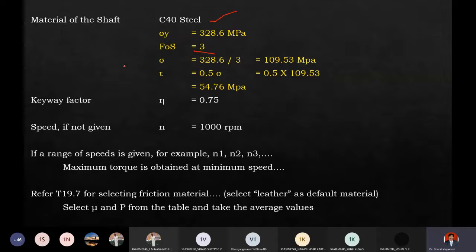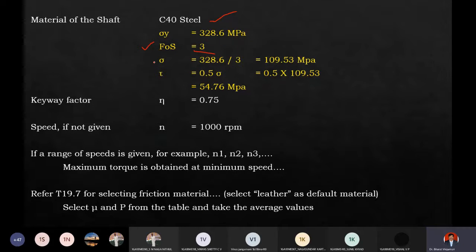I am following Shigley's design procedures and the design of machine elements by MF Spotts, the two books I will follow. The factor of safety for clutches should always be high because the clutch is a most important transmission element.